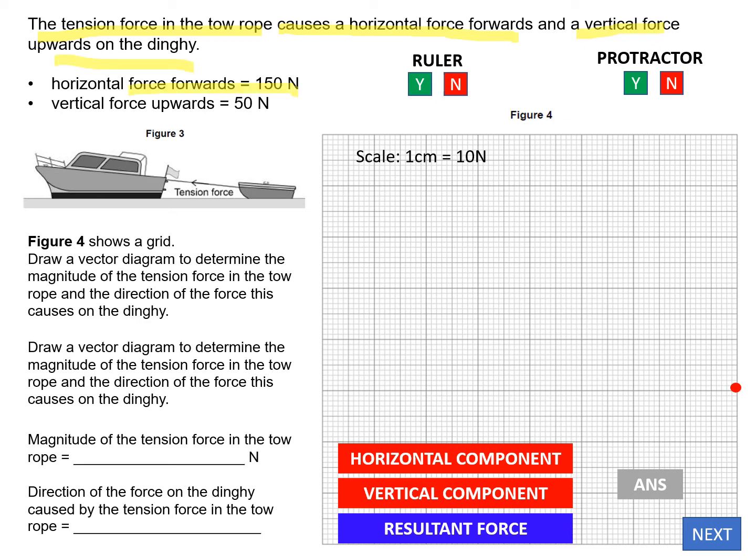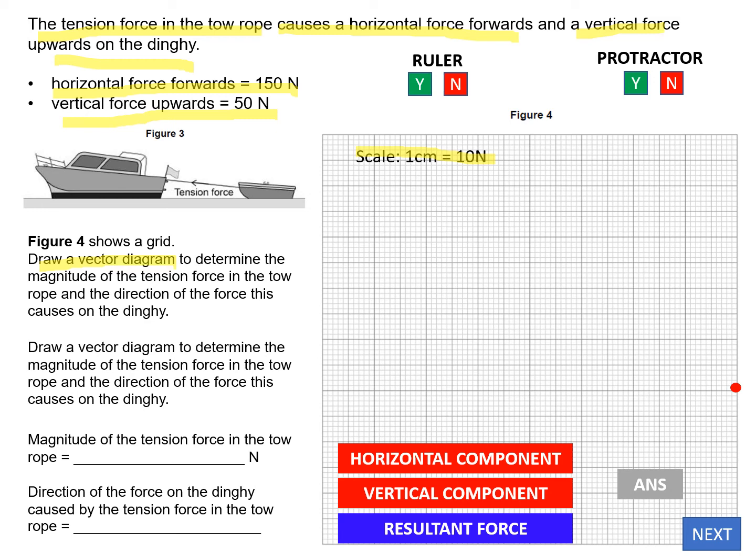The horizontal component is 150 and the vertical component is 50. We're going to draw a vector diagram on the graph paper, okay, and we need a scale first. Okay, so I've given a scale here. 1 centimeter is 10 newtons, and that means that I can get 15. It will fit on this diagram now.